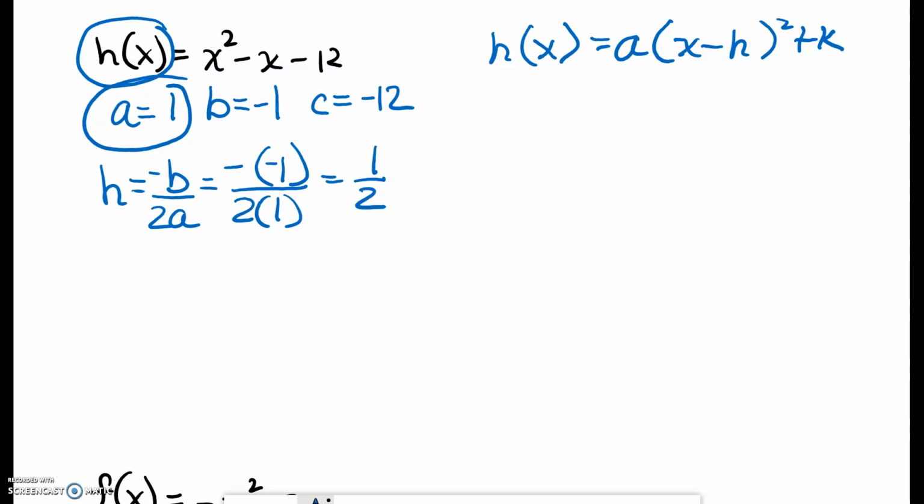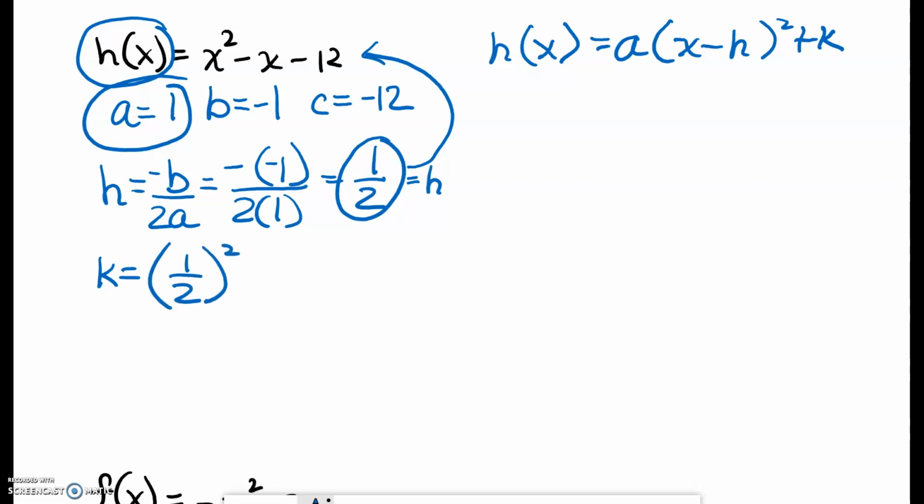So now we have to plug that into our equation to calculate k. Okay, so this is h. Let me circle that. Okay, so I have 1/2 squared minus 1/2 minus 12. So 1/2 squared is 1/4.